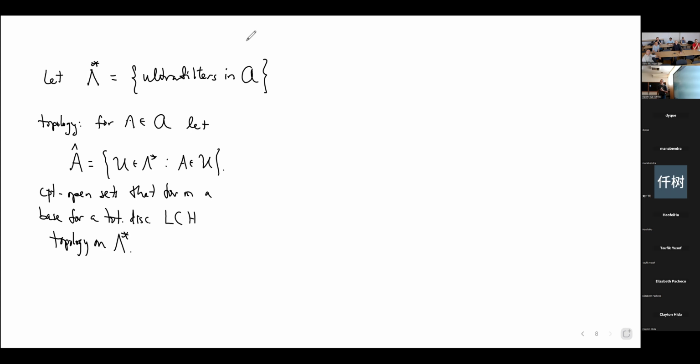Yes. There's another way to do this. I thought I wouldn't have time to do this, but maybe I'll show you this. It's a little bit cute. An alternative way of seeing this topology, or seeing the space altogether. Think of that set capital A, its characteristic function is a bounded function on Lambda.